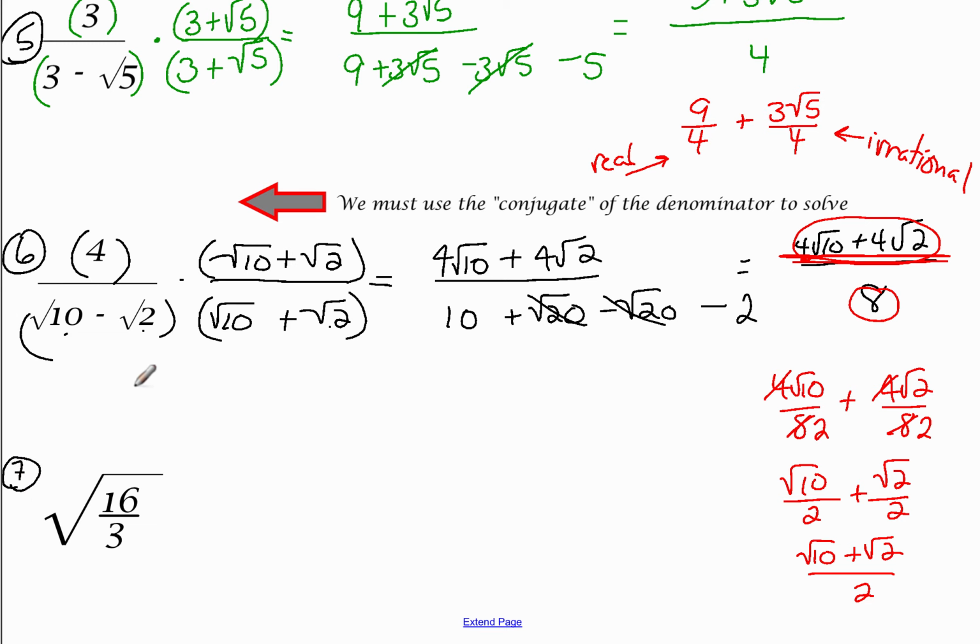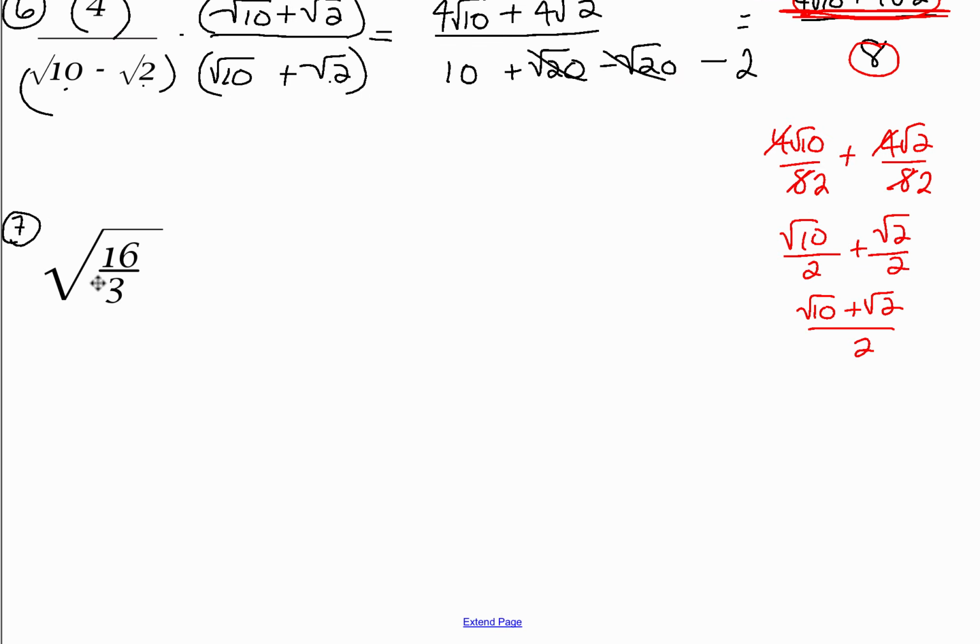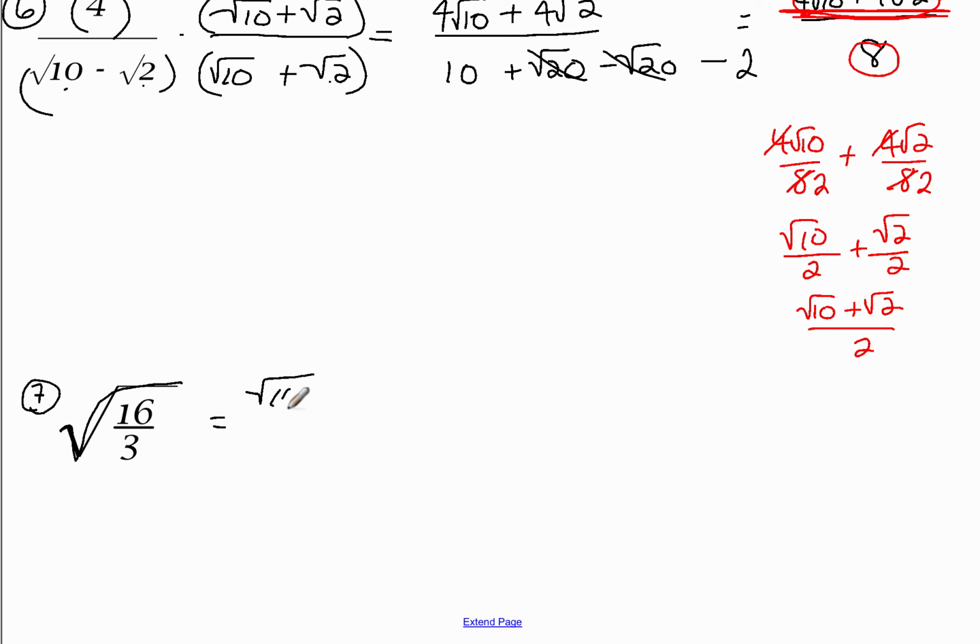And the last example, I know it's getting a little messy in here. Extend the page, bring this down so it kind of sticks out. You're looking at this and it's like square root of an entire fraction. Well, don't panic. Since the radical is over the entire fraction, it's basically asking you, take the square root of the numerator, take the square root of the denominator. Hopefully you look at this and say, well, this isn't hard. I can take the square root of 16, it's 4. Can't take the square root of 3, so it stays.